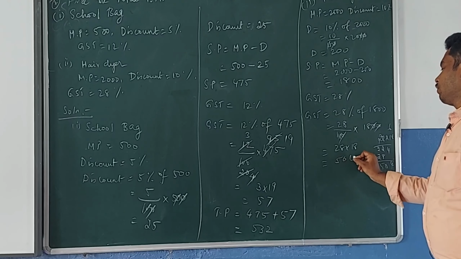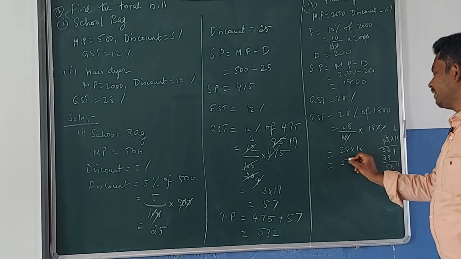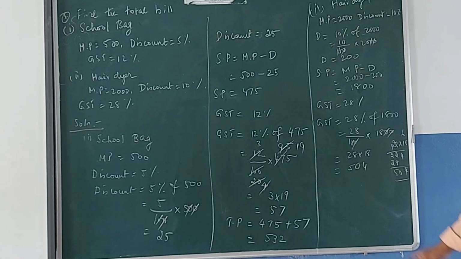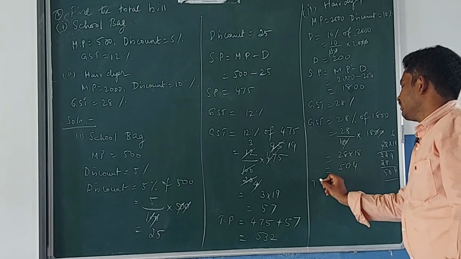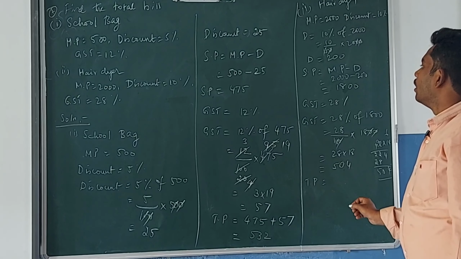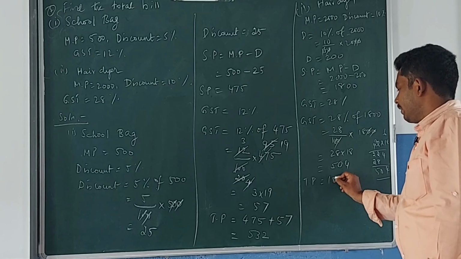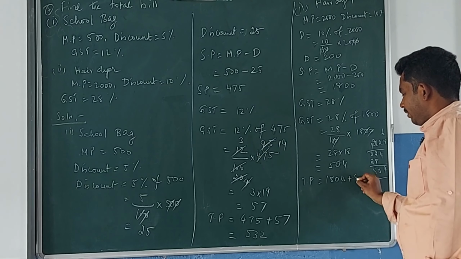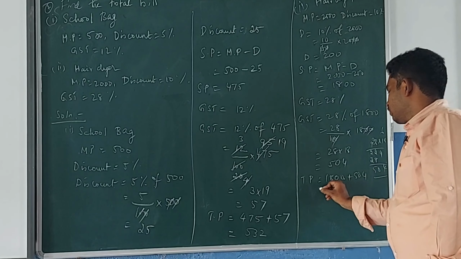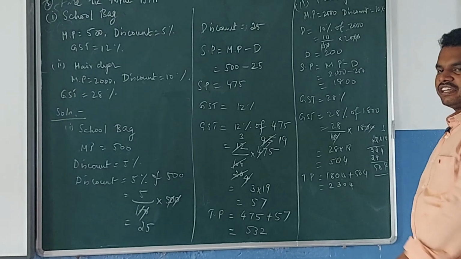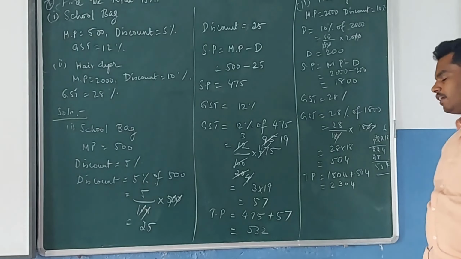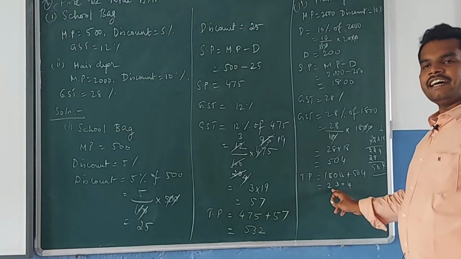So GST equal to 504. So it should be added into SP. So total price 1800 plus 504. So 2304. Okay, 1800 plus 500, 2300 plus 4, 2304.